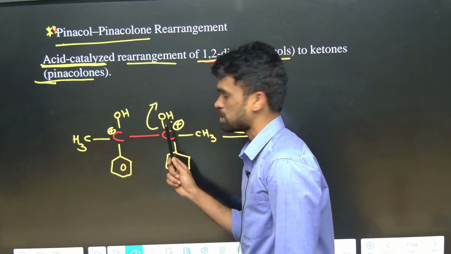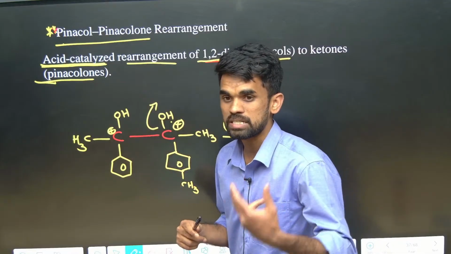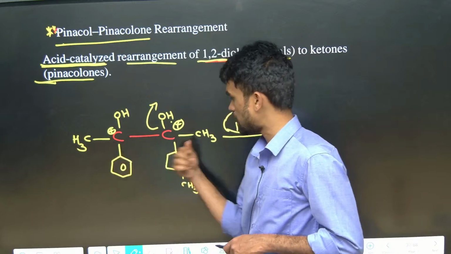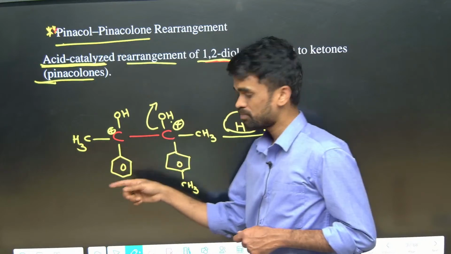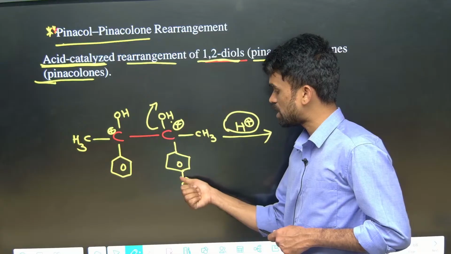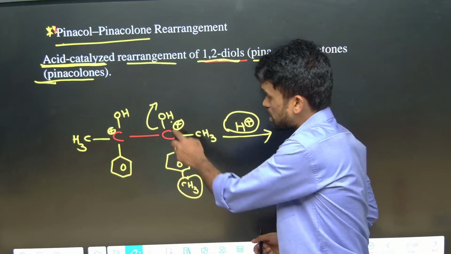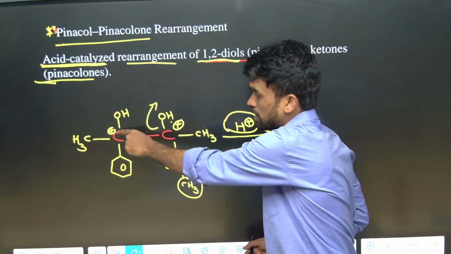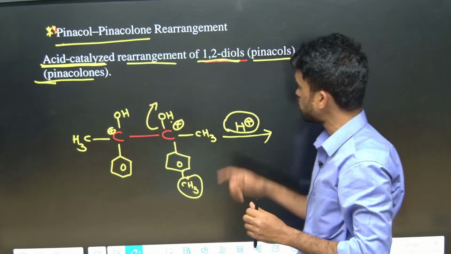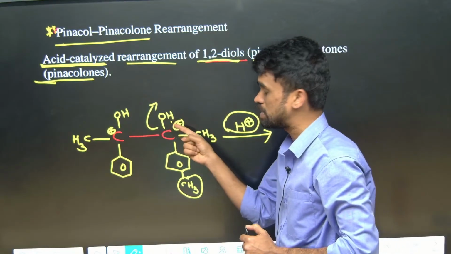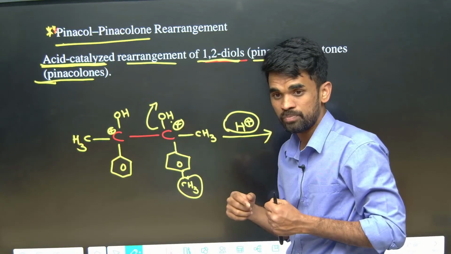Out of these 2 positive charges, where is the positive charge more stabilized? Here it is a methyl, here also methyl. This is a phenyl ring. This is phenyl having an alkyl group here, an electron-releasing group. So this group will stabilize the carbocation more effectively than this. Therefore, you need to add the H plus ion to that OH group which generates the more stable carbocation.